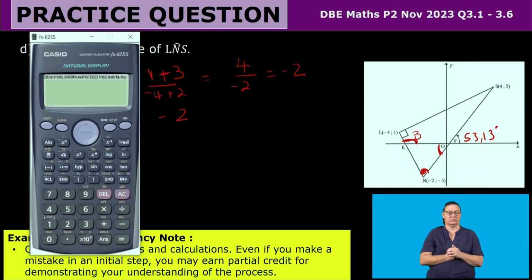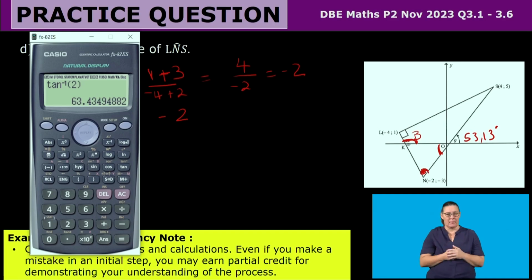Alright, you can go shift tan of -2, but we can also do 180 minus. So let's do it that way. Shift tan of 2 is equal to 63.43. Alright, so therefore that angle that we are interested in is not really an acute angle.